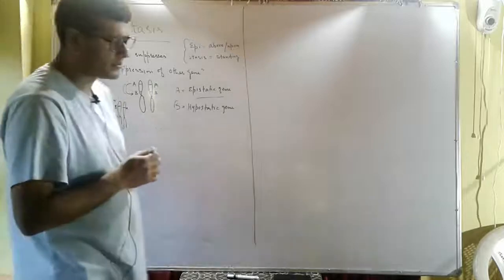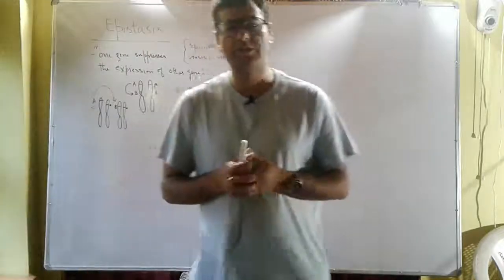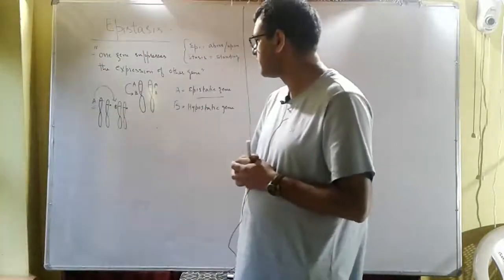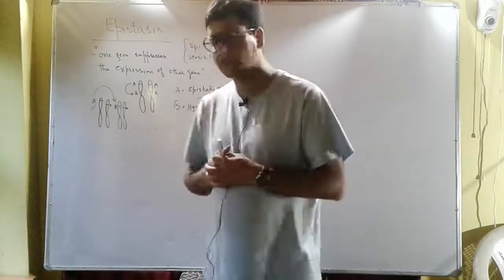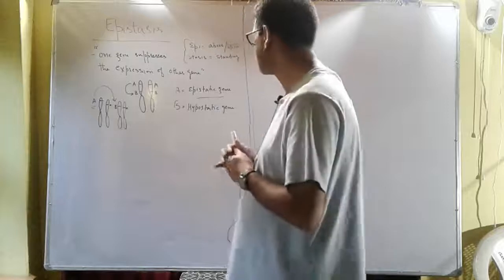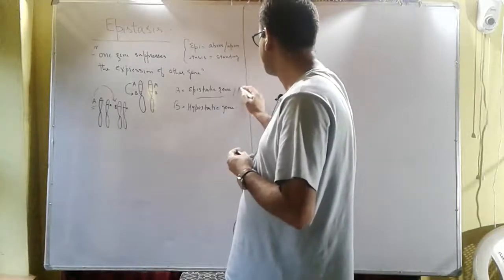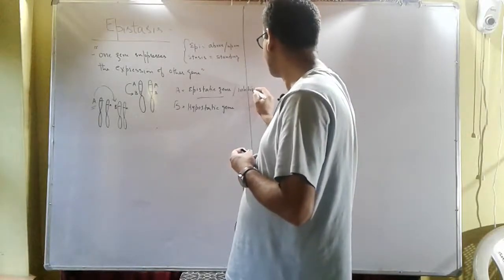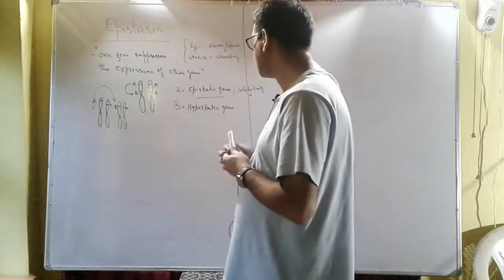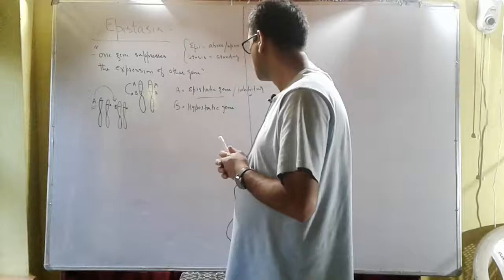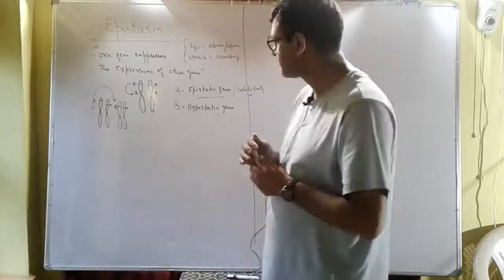The gene which inhibits the expression of another gene is called the epistatic gene or inhibiting gene. And the gene whose expression gets inhibited is called the hypostatic gene.